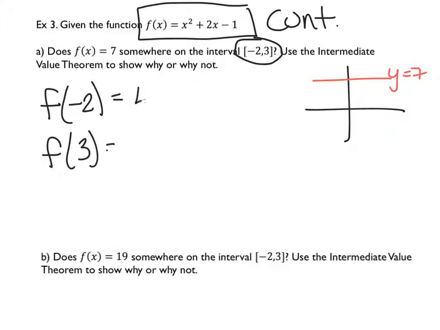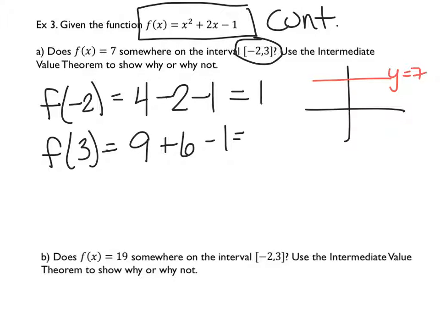So -2 squared is 4. 2 times -2 is -4, and then -1. So f of -2 is -1. Excuse me, f of 3, 3 squared is 9, plus 6 minus 1. So that's really 9 plus 5, that gets me 14.